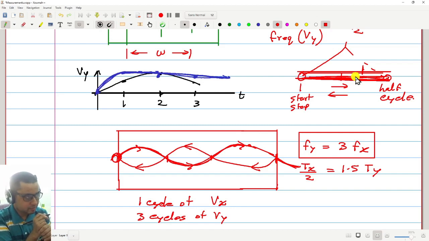So, sir, I have a last doubt. For example, if the horizontal voltage is sinusoidal, then when the first half cycle ends, the electron will be at the right part, and then when the next half cycle starts, it will come to the left part, right?